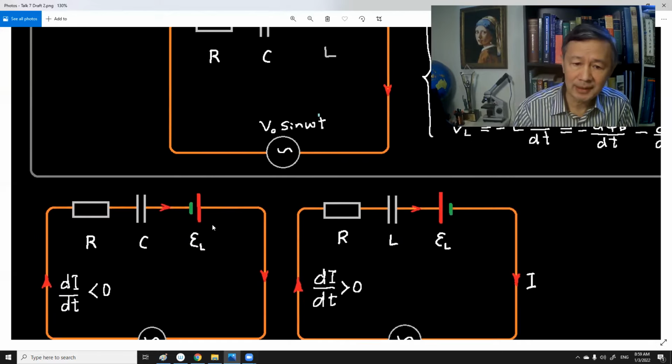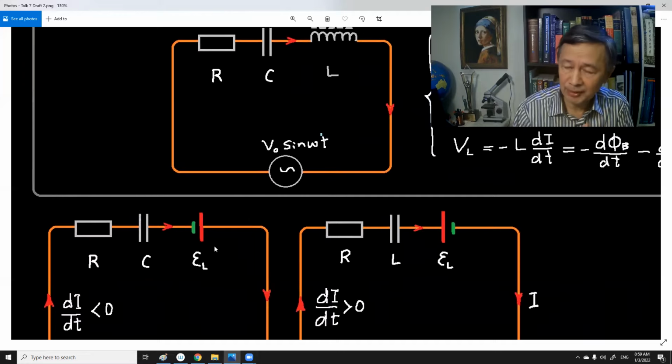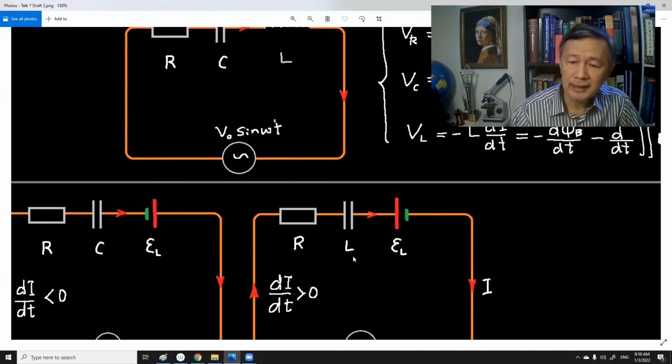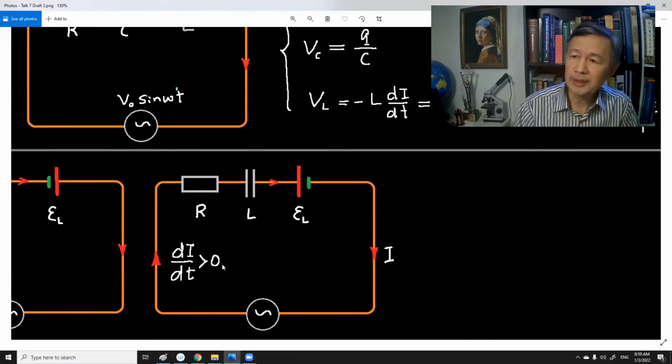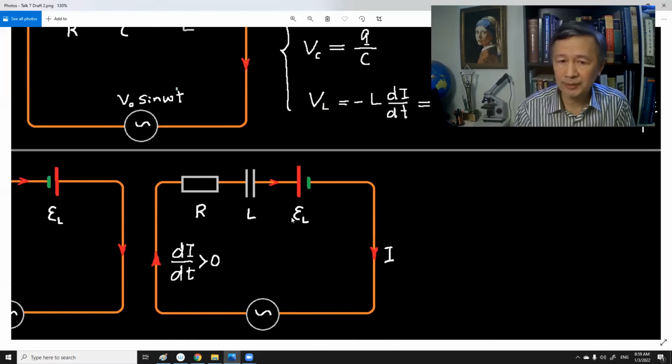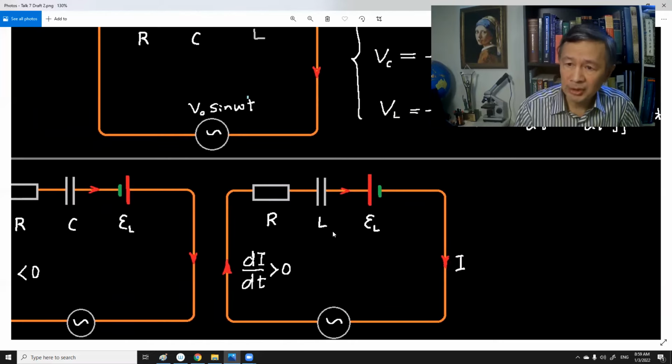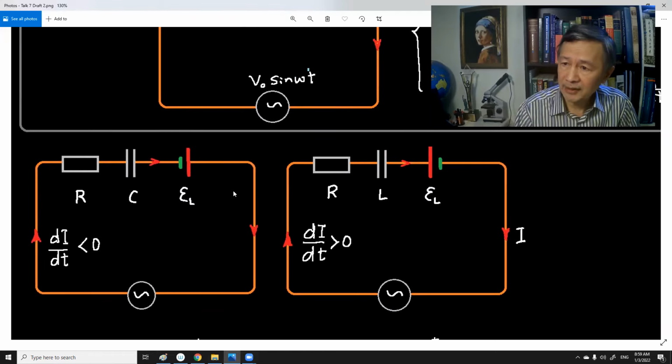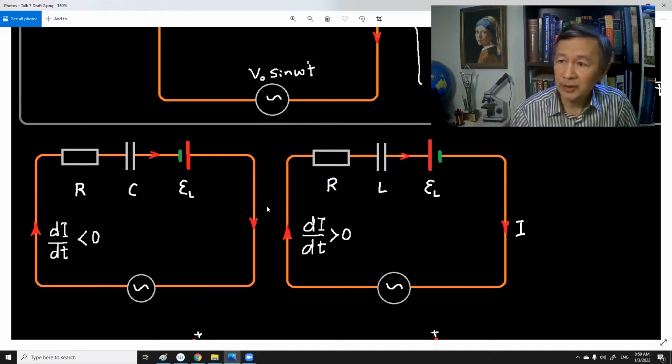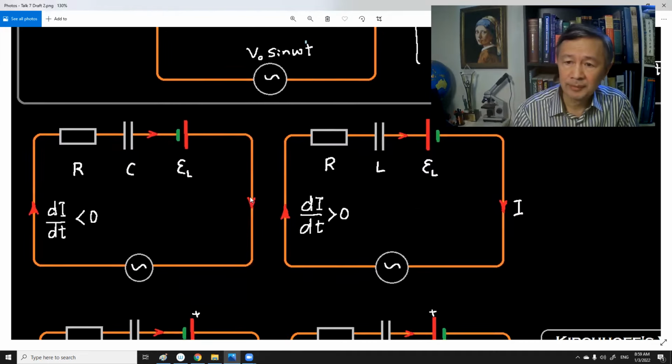Please pay attention to the polarity of the battery. On the other hand, when the current is increased in the circuit, we are obliged to reverse the polarity of this equivalent battery. That is how the self-induction works in this circuit.